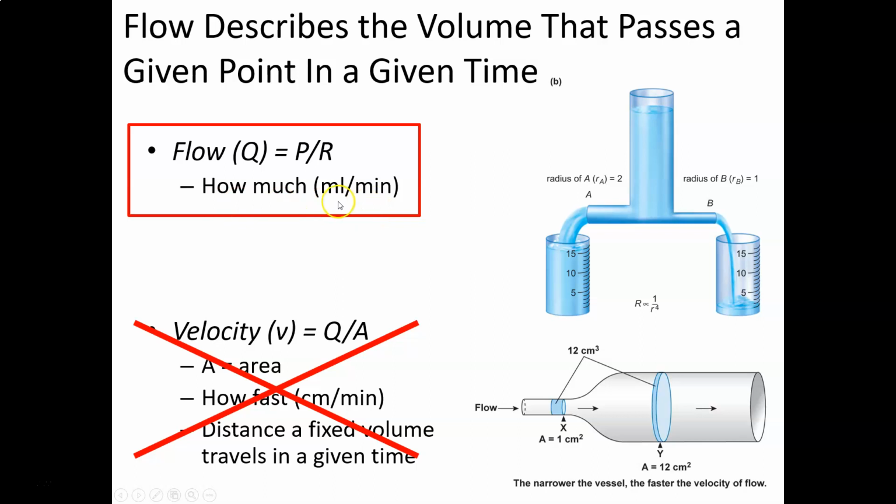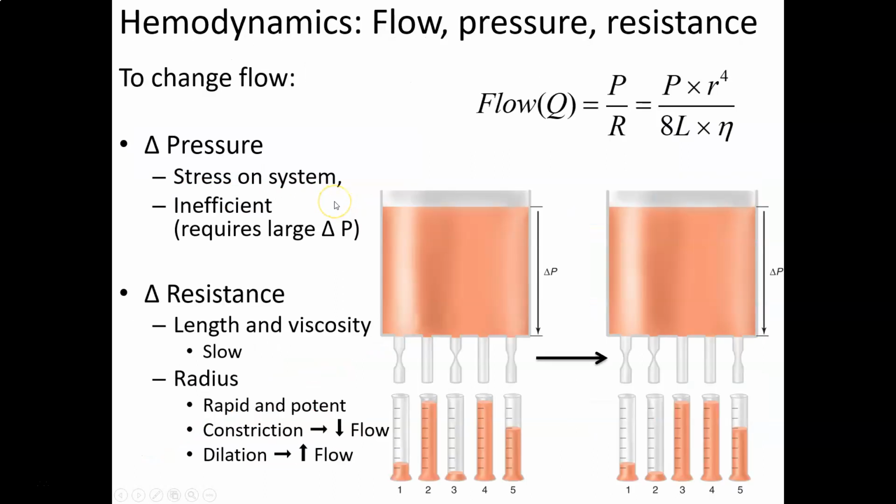We'll see that in a little while as well. One of the things we can look at in the relationship between pressure, flow, and resistance is a branch of science called hemodynamics. Hemo refers to blood, dynamics is how it moves basically. It looks at the relationship between flow, pressure, and resistance.